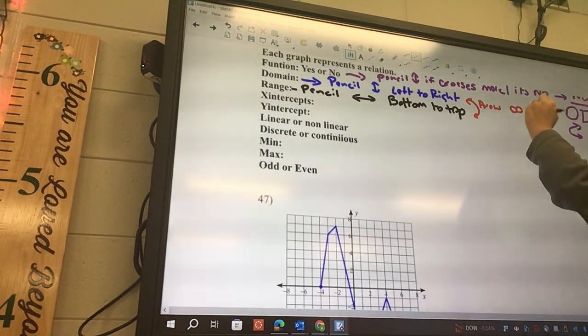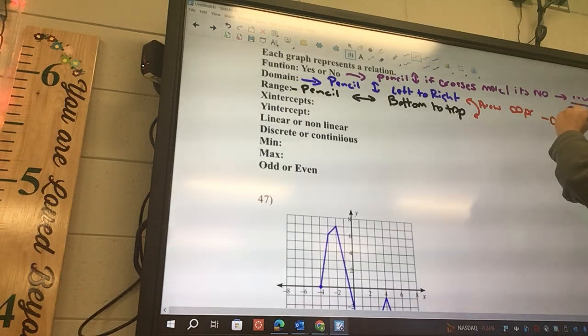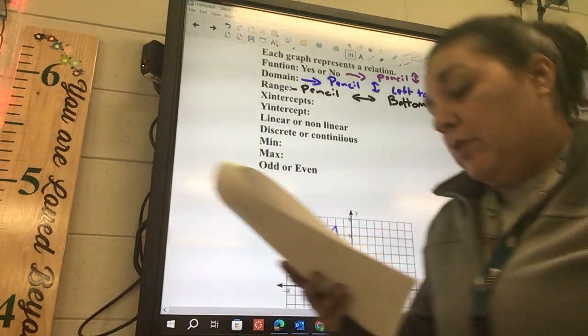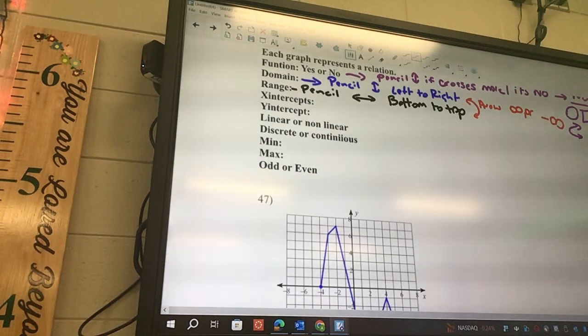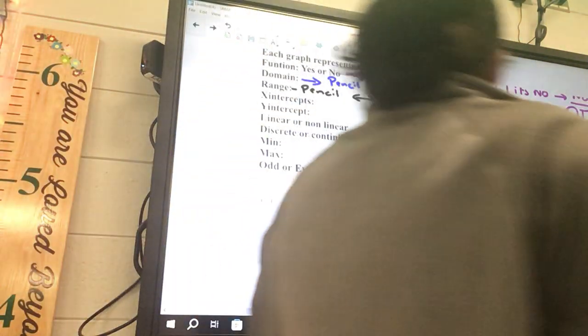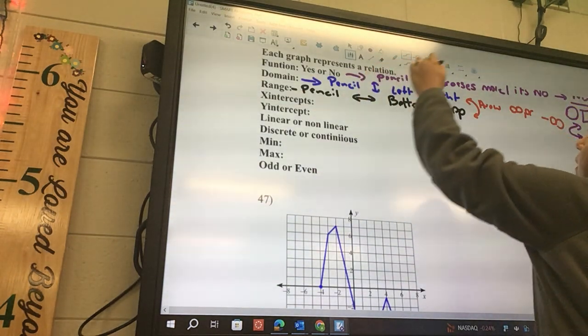It means infinity or negative infinity. Okay, so in this case, there are no arrows on here, but if there is, it means negative infinity to infinity. Okay, so the range, where does it start at the bottom? Negative 7. Where does it finish at the top? 7.